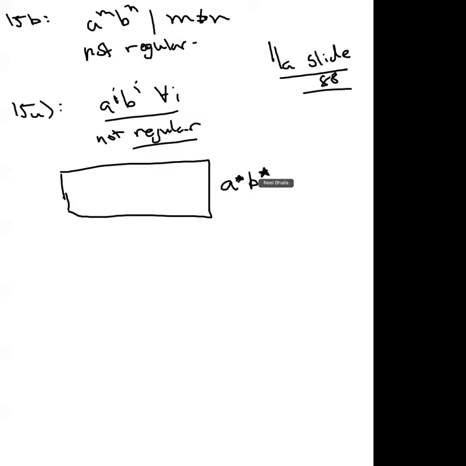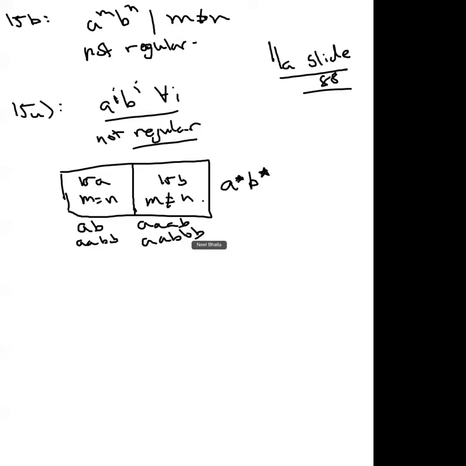We can split it into words that fall under our 15A language, namely m equal to n, like AB, AABB, and 15B, which has m not equal to n, like AAAB, AABBB, all those asymmetric pairs.